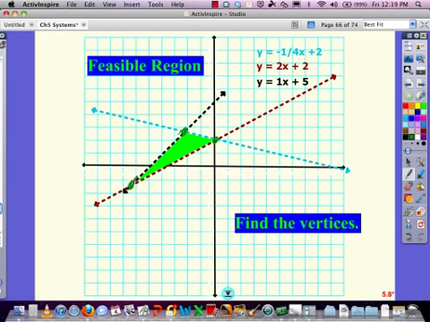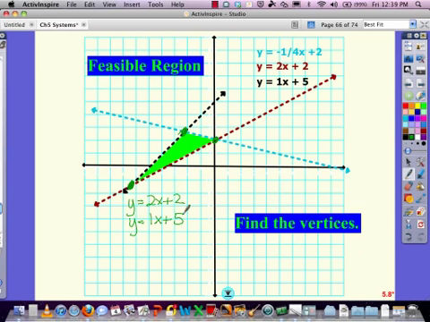So if I want to define where this red and black line intersect, which is this point right here, I'd be taking the equations y equals 2x plus 2, which represents the red line, and y equals 1x plus 5, which represents the black line, and I would be able to solve those.